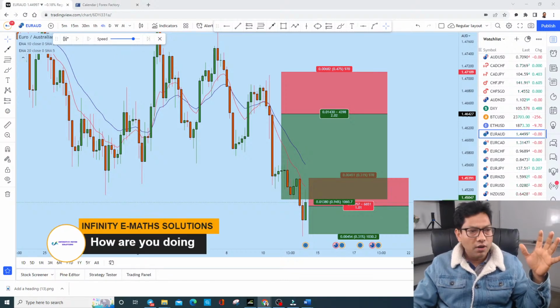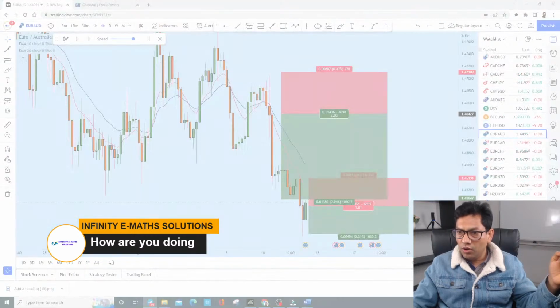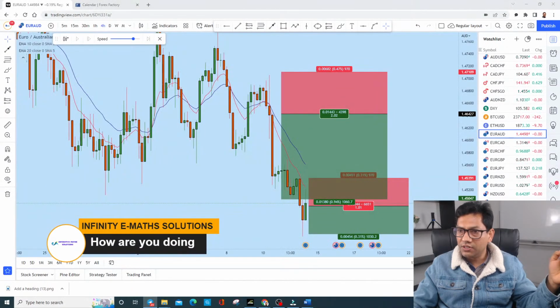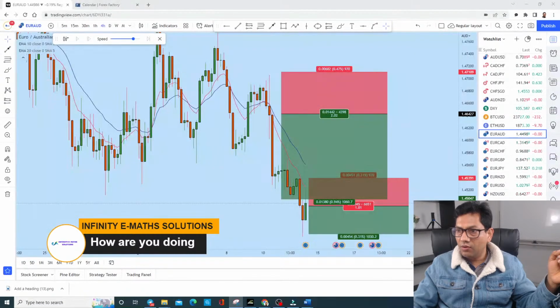So very good. Now before I proceed to the next instrument for analyzing, the one that you see on the screen is EURAUD. Let me give you the idea of how we have sent a trade signal, so that you know exactly what you see on the screen is what has been given.